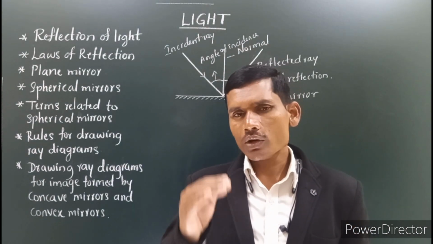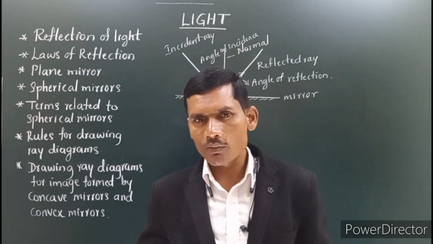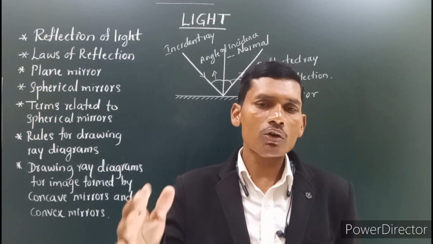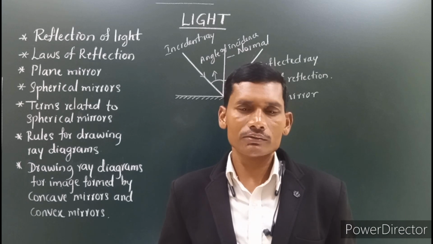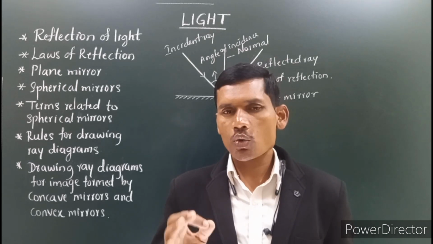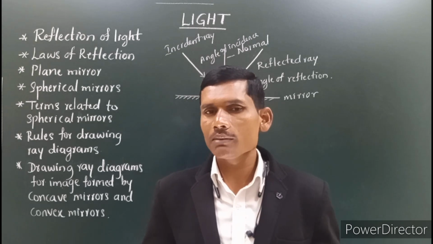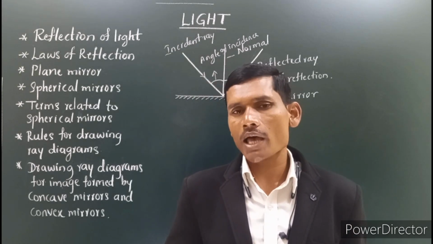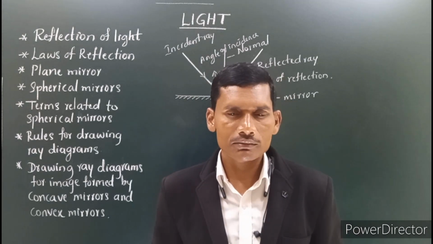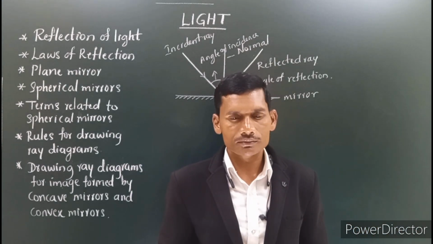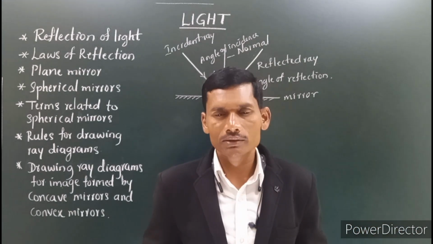Consider the size of your body and the size of the image you see in the mirror. Are both the same size or not? Simple. So the first property: the image formed in a plane mirror is the same size as the object. Means object size and image size are the same. This is the first property, right?